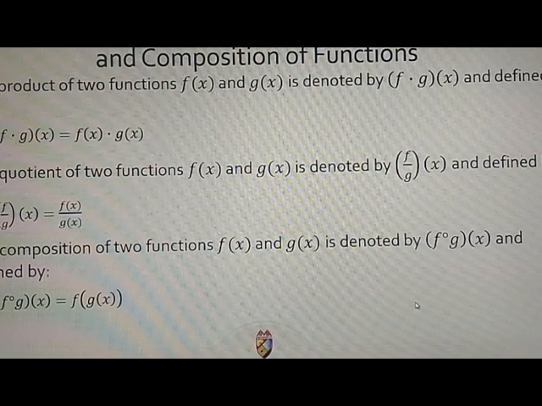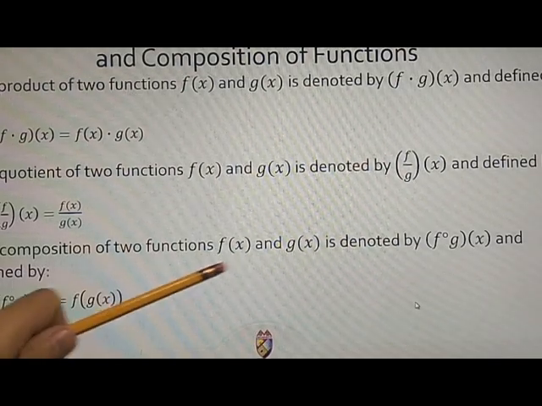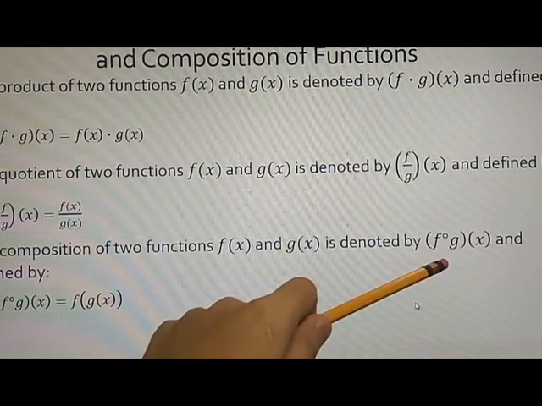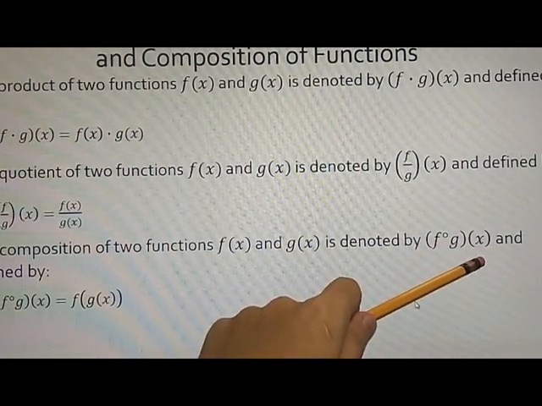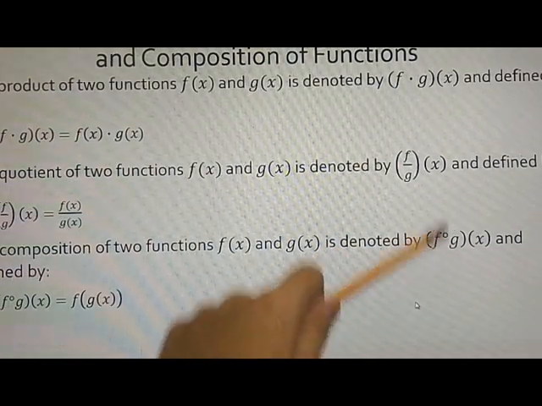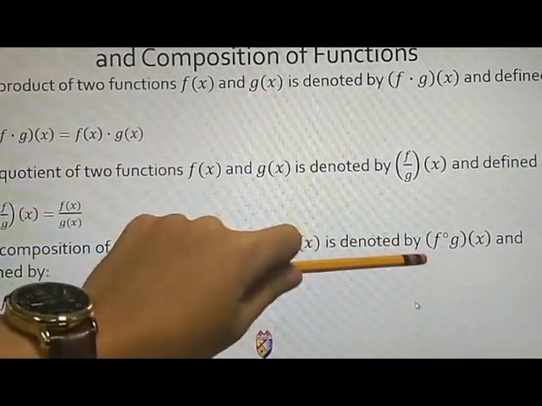Okay. So next, the composition of two functions. So f of x and g of x is denoted by f the whole of g of x. Okay? So iba yung representation nito as compared sa product, though pareho silang pabilog.